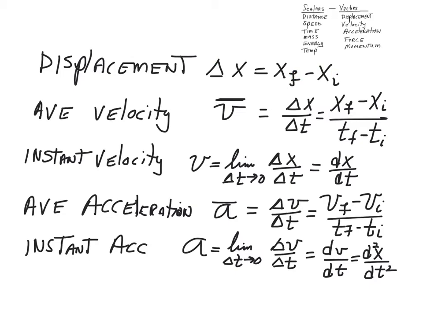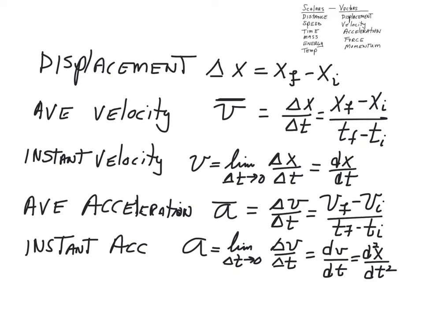But the more complete way to say it is the displacement of any object is the initial position subtracted from the final position. And whenever you're calculating the displacement, you always find the location of the final position and the location of the initial position.